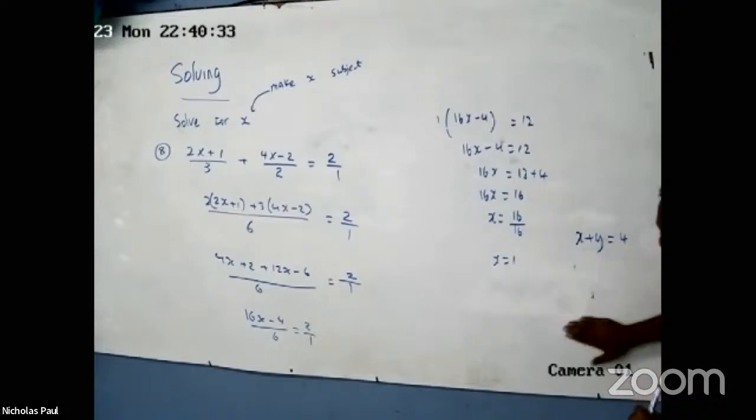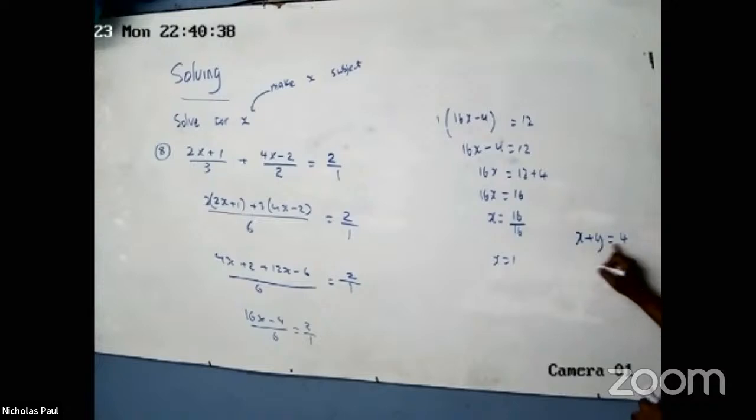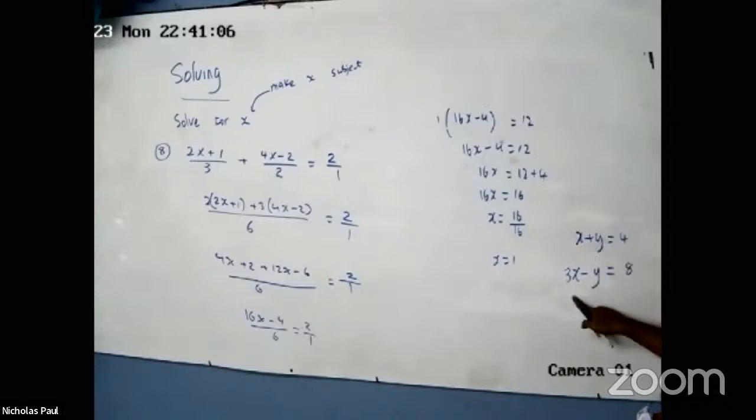So we need to find a way to only get one answer. What you do is give a next equation. I have x plus y is 4, and you are going to get a next equation. Let's say it's 3x minus y is equal to 8. Now, if you solve these two equations simultaneously, you will be able to figure out the x value and the y value that'll give you this, and the x and the y that'll give you this.